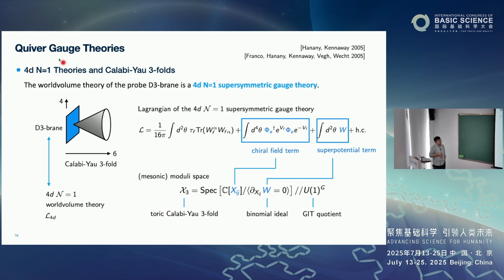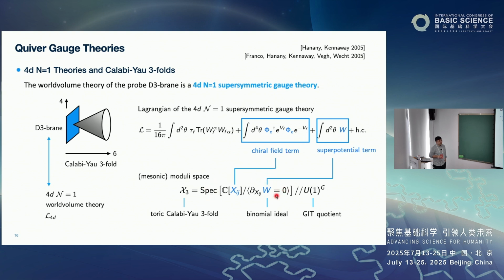In the case when I have a single D3 brane, these chiral fields are transforming under representations of our gauge groups, which are U(1) gauge groups. So from there, I can write down algebraically a coordinate ring parameterized by the chiral fields of my Lagrangian, subject to the vanishing F-terms of the superpotential that I have in my Lagrangian.